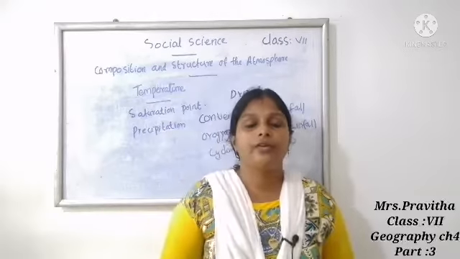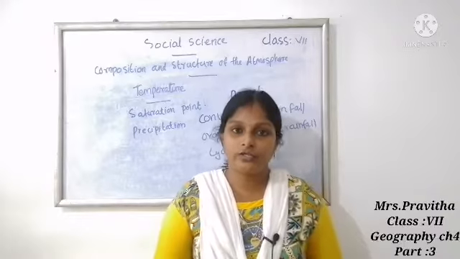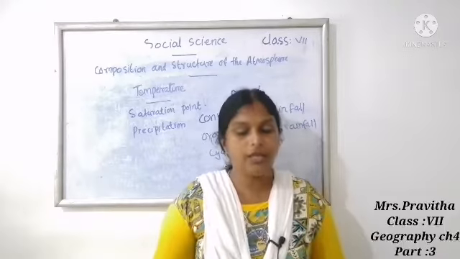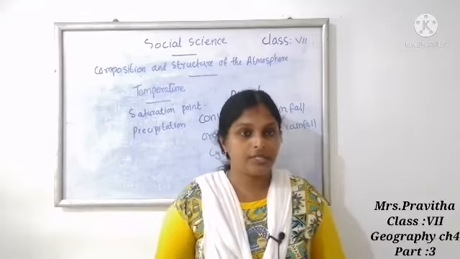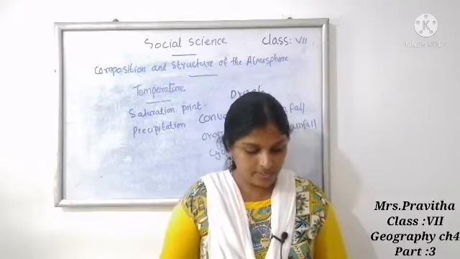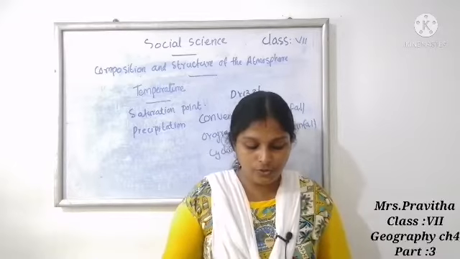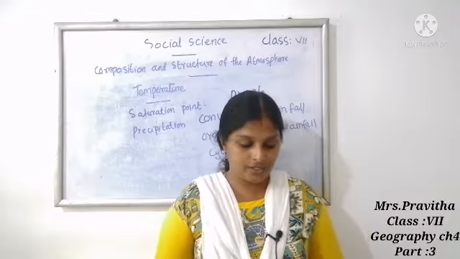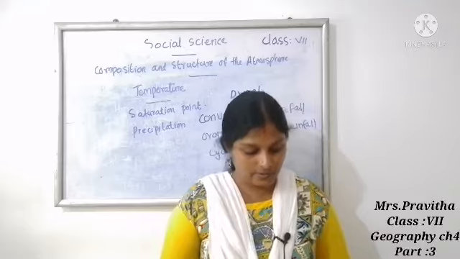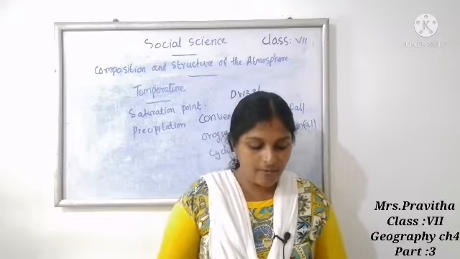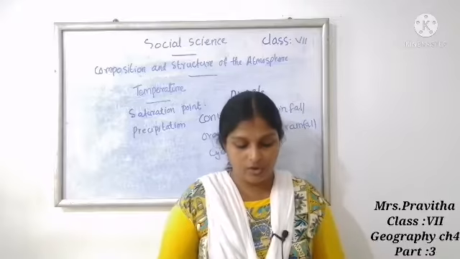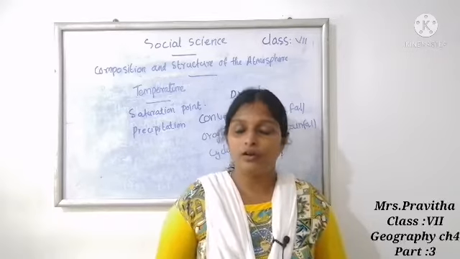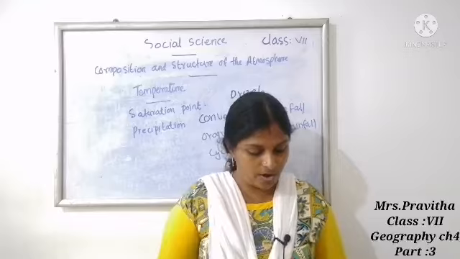Now everybody take your textbook for doing the textual exercise. Everybody take page number 146. Section A, fill in the blanks. Dash is an instrument used for measuring air pressure. Barometer. Second one, when high mountains force moist winds to shed rainfall, it is known as relief rainfall or orographic rainfall.